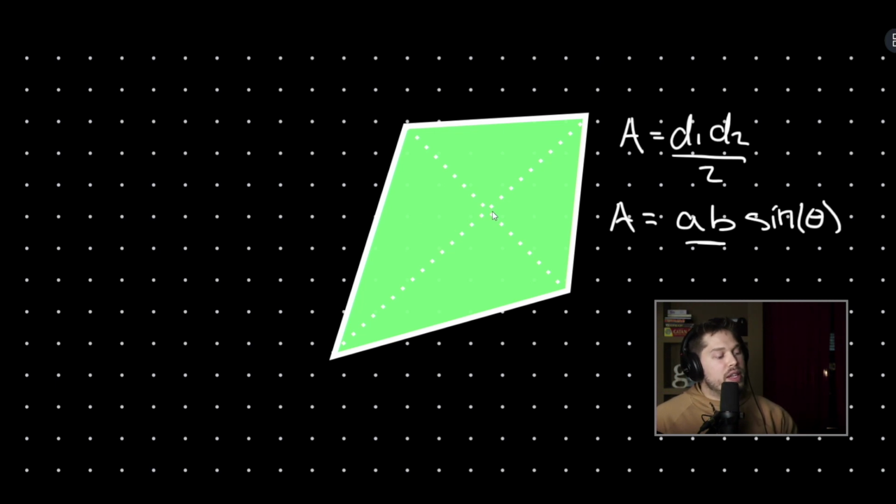And if we are given that this longer diagonal is some length 15, and this shorter diagonal is some length 8, in order to determine the area for this kite, we're going to do area equals 15 times 8 divided by 2.